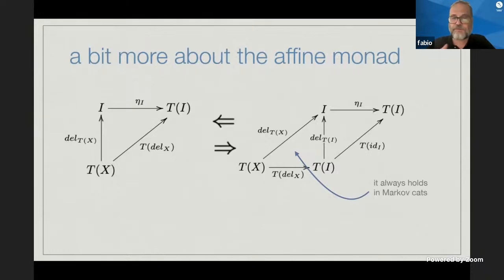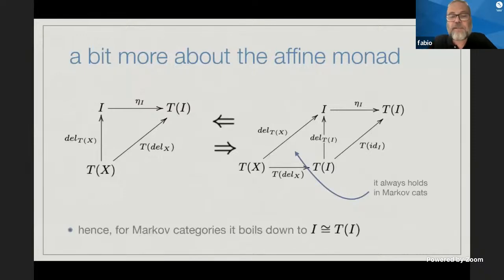So, if we start with a Markov category, the requirement boils down to the identity being isomorphic to the identity after the application of the functor.